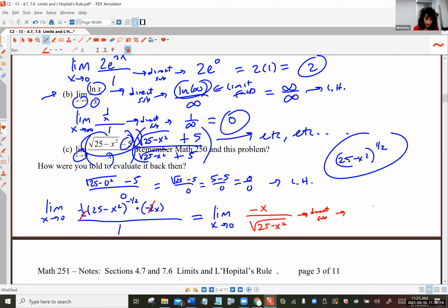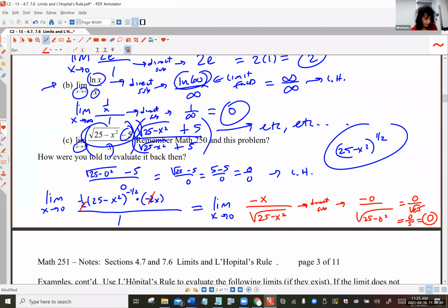And you get minus 0 all over the square root of 25 minus 0 squared, but that's 0 all over square root of 25, which is 0 over 5, which is what? 0. And that's the final answer. And we're done with letter C. Any questions so far?